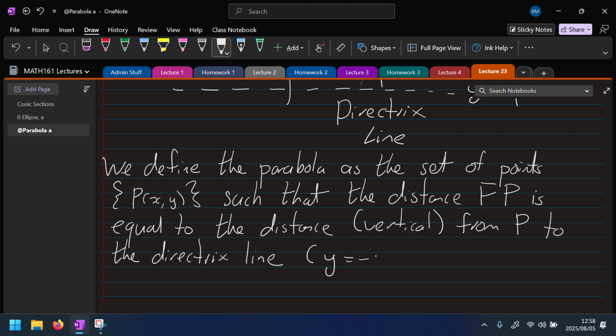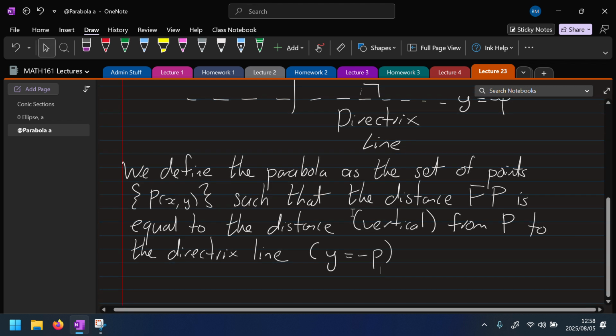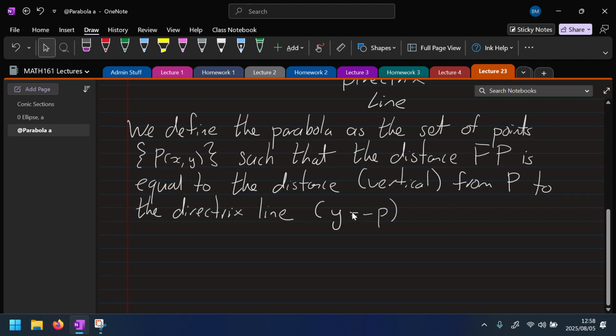Okay, and that was y equals minus p. Okay, so that is the definition in words, so that's how we define it.